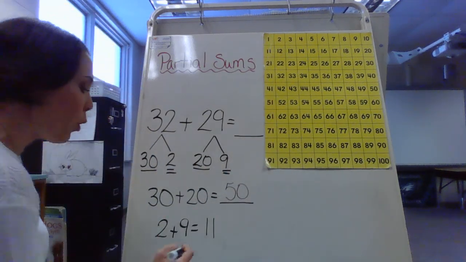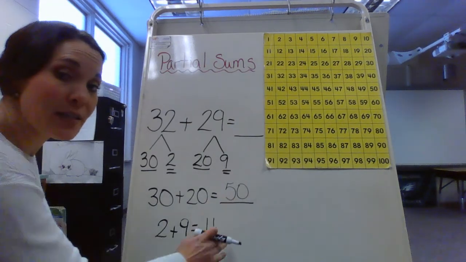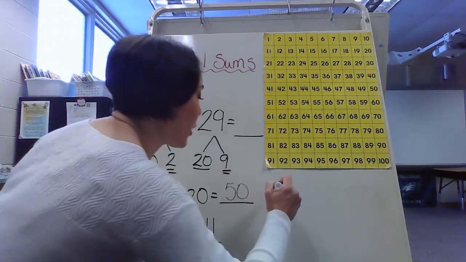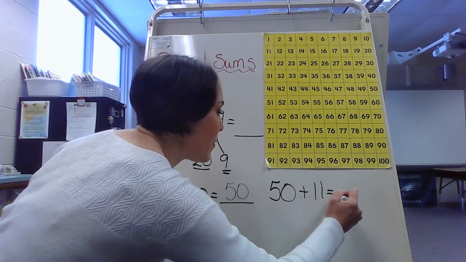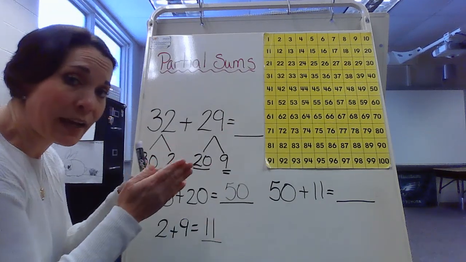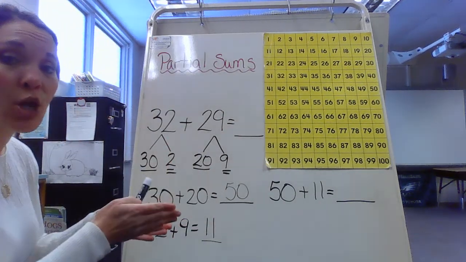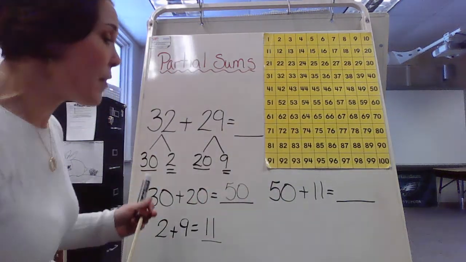So now what we're going to do, let's not forget, we have to add our tens and our ones. So I'm going to go ahead and make that final number sentence. 50 plus 11 equals blank. Some of you might know this mentally already, but some of us might need some help on that chart.